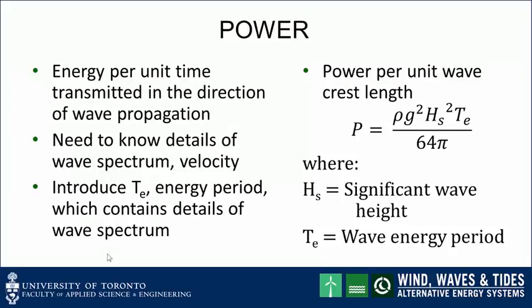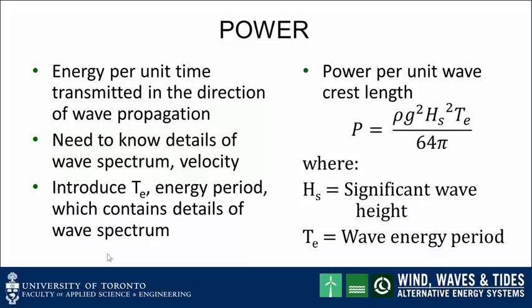Now, we want to know what power is contained in the wave, because any wave energy conversion device we study will be looking at how much of the power available in the wave can actually be extracted. Power is essentially the energy per unit time transmitted in the direction of wave propagation. It's this wave propagation that creates some complication.